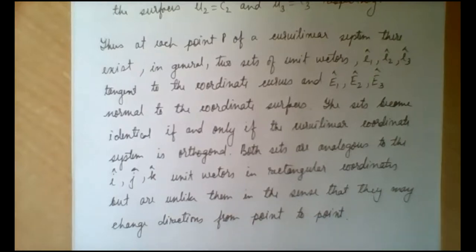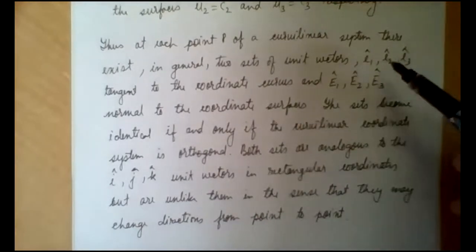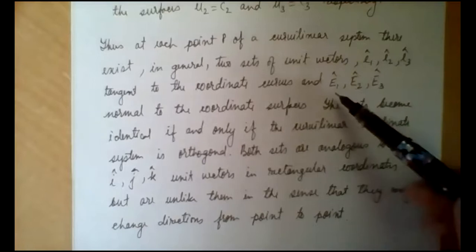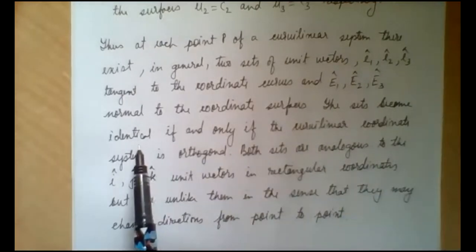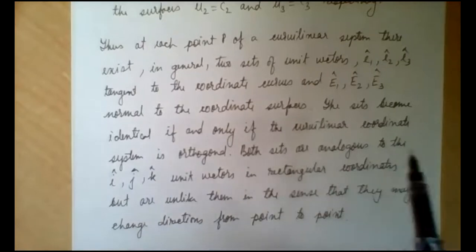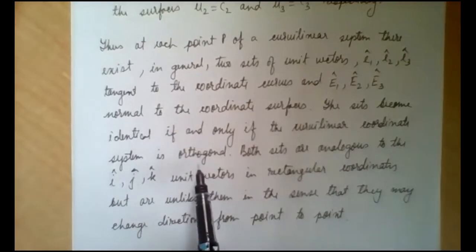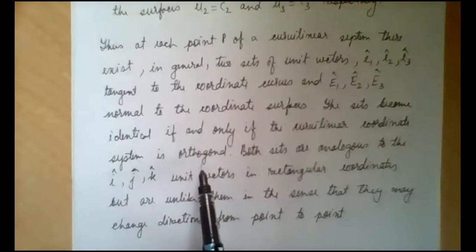Correct. So, meaning, the two sets of unit vectors, small e1, small e2, small e3, and capital E1, capital E2, capital E3, become identical if the curvilinear coordinate system is orthogonal.